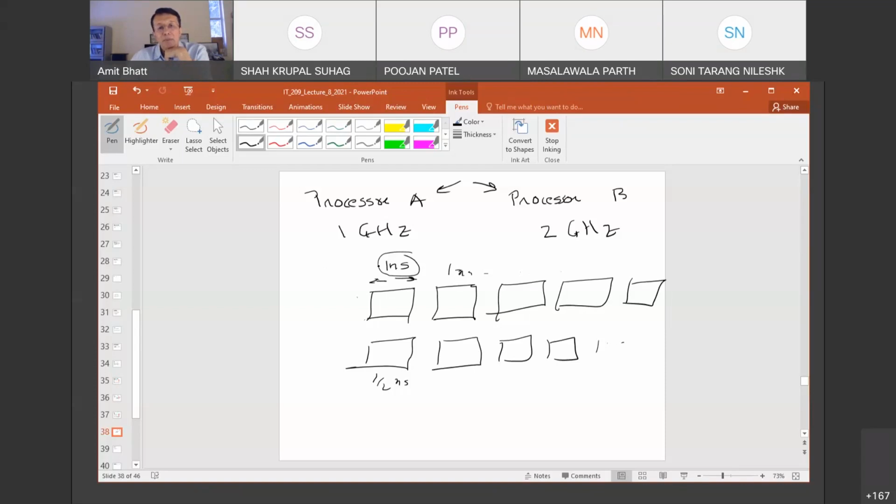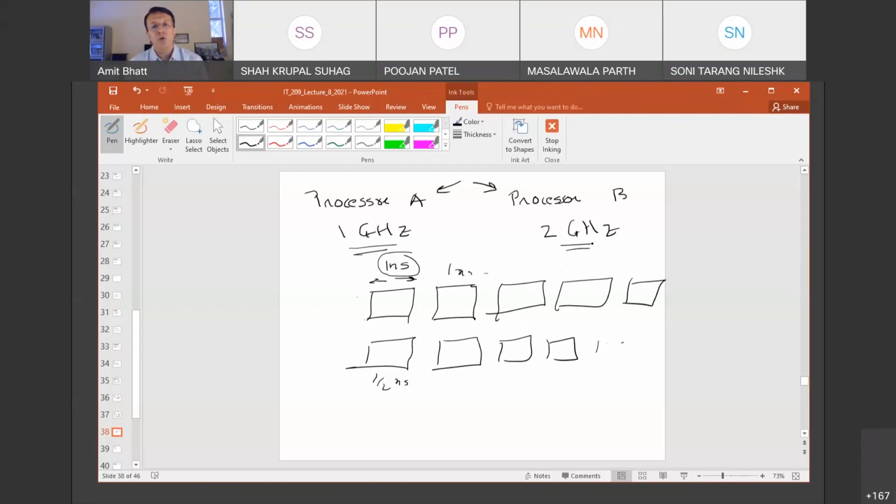So it may happen that a 1 gigahertz processor is working as fast as a 2 gigahertz processor. So just by looking at the gigahertz value, you cannot tell that processor A is better than processor B, because you need to know other details.